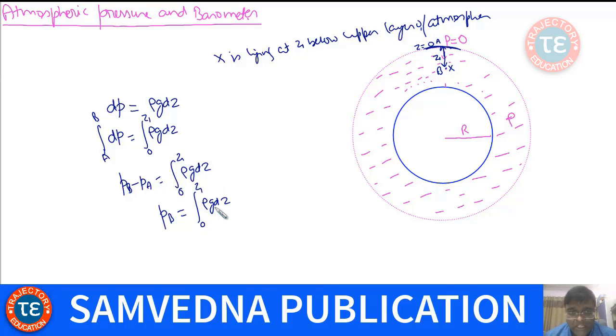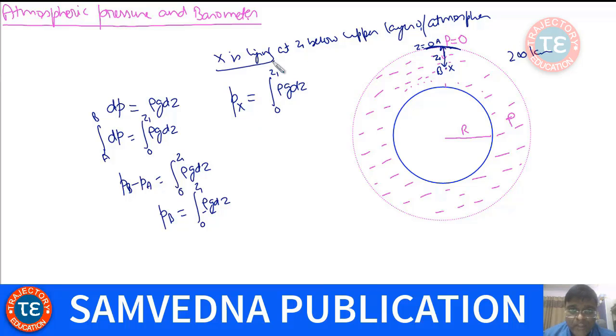I can't take rho or g outside the integral, because for a variation of say 200 kilometers, g is not constant. g will vary from one point to another, as we are talking about a wide variation in height. And rho is also changing. The density of air in the atmosphere is not the same at every height. But I don't know how rho or g is changing, so I can simply write the pressure at any point X as the integral of rho g dz from 0 to z1.